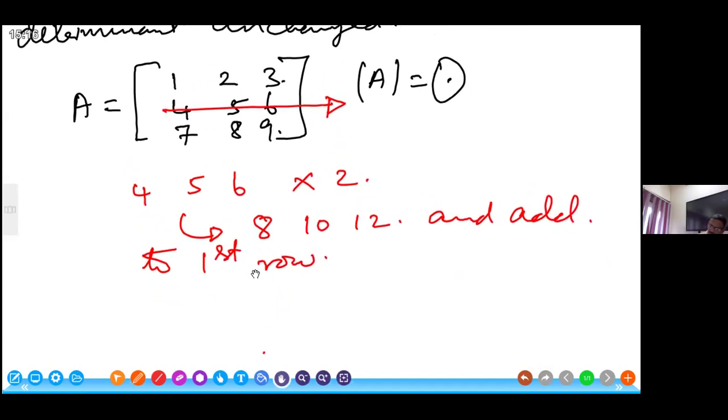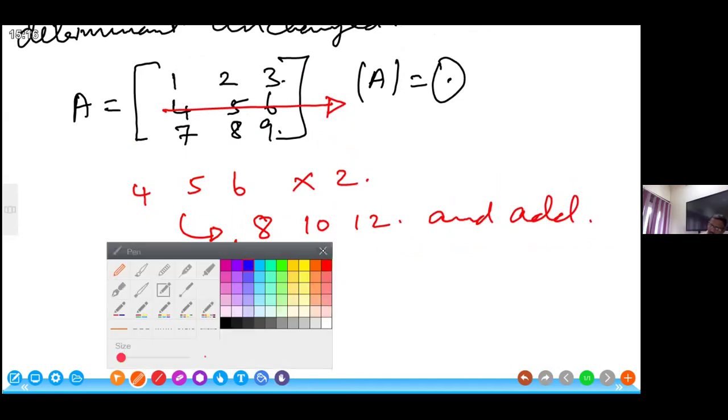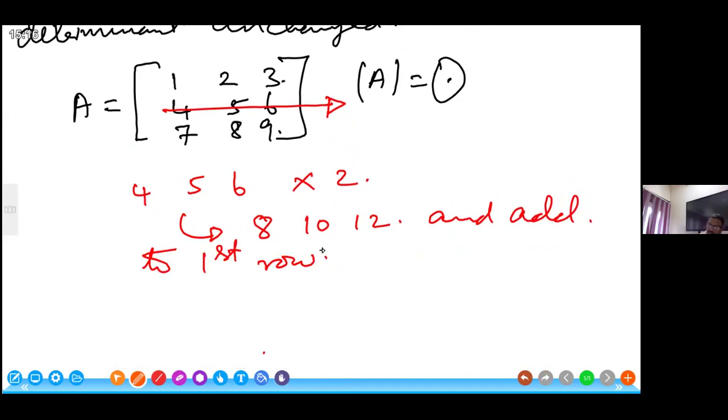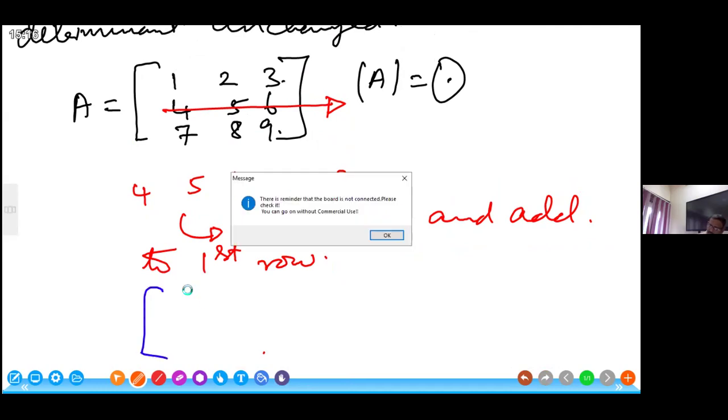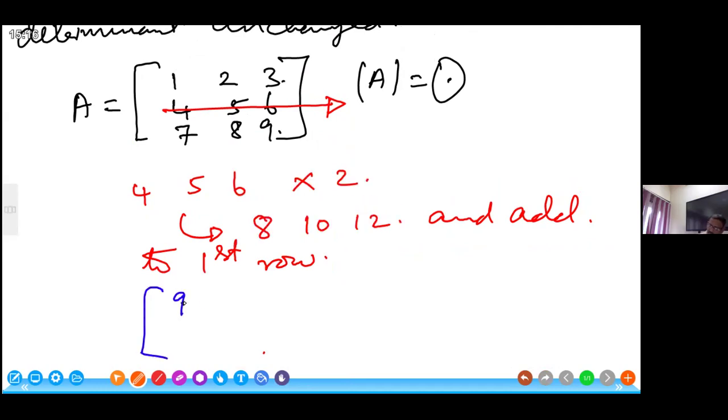So now my first row would be 8 plus 1, which is 9; 10 plus 2 is 12; 12 plus 3 is 15. The rest remains as it is.